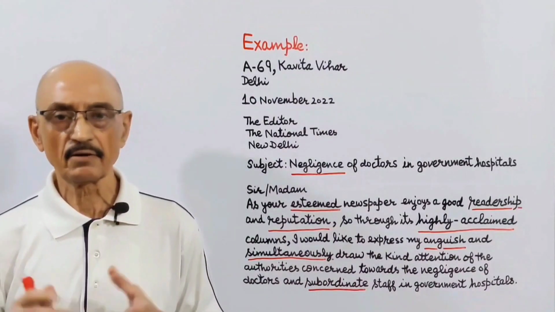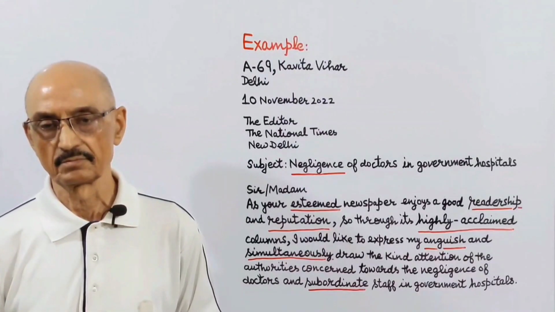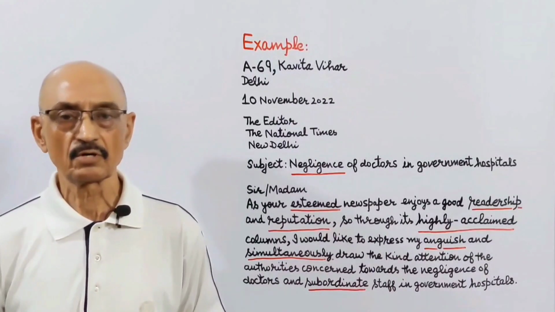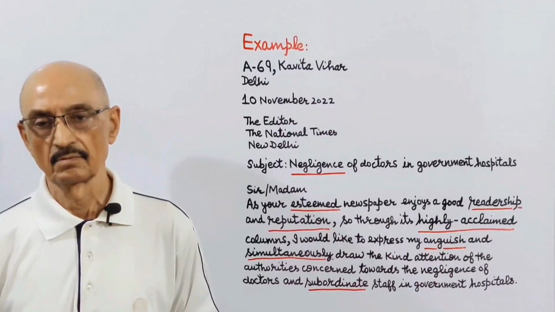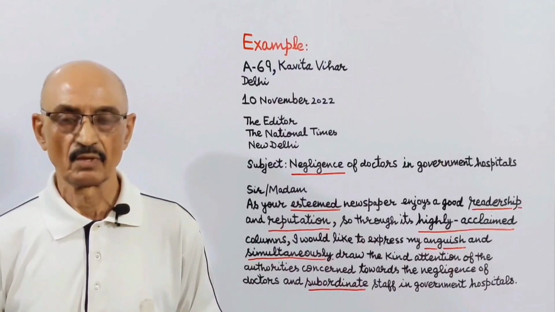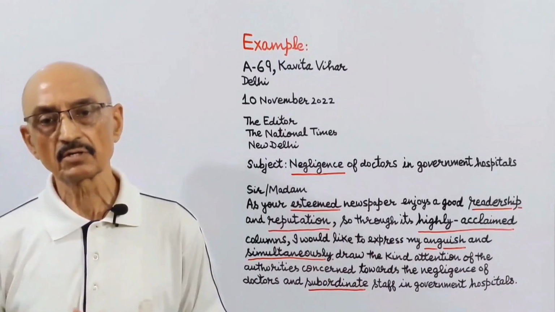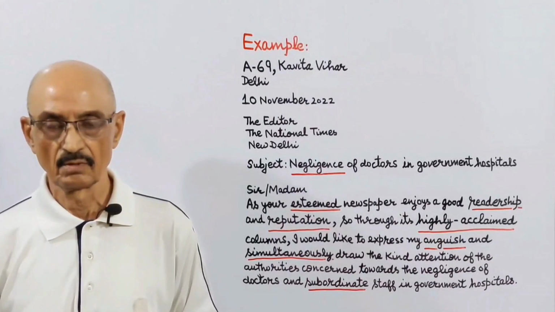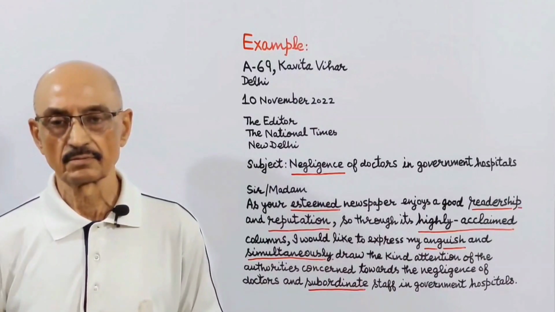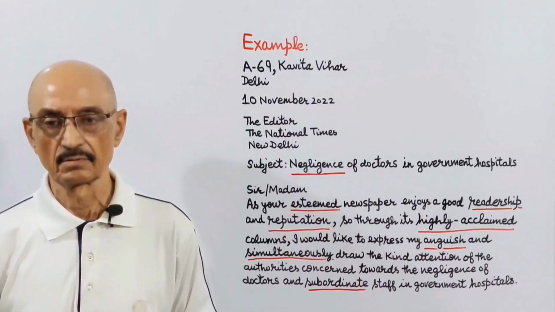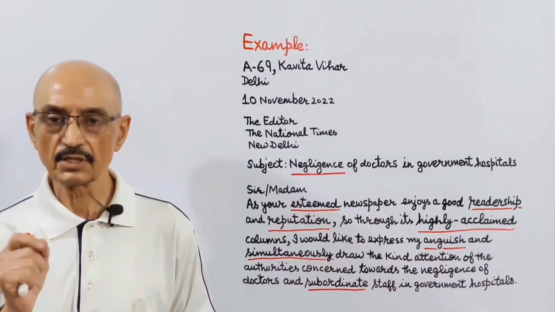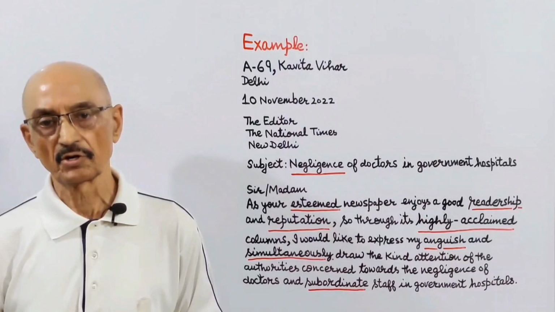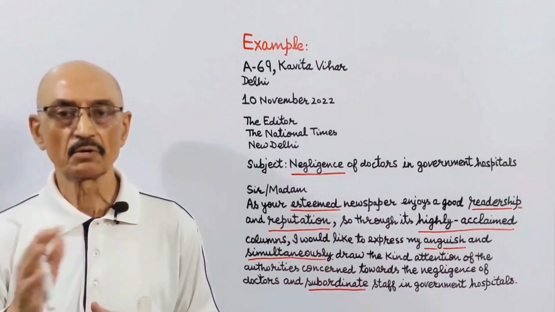Here I have a different point of view. First, why do you draw the attention of that editor? The editor is not going to solve that issue or that problem. If he finds your letter containing a serious issue prevailing at that point of time, then he will publish your letter.